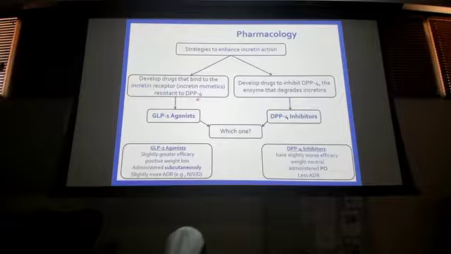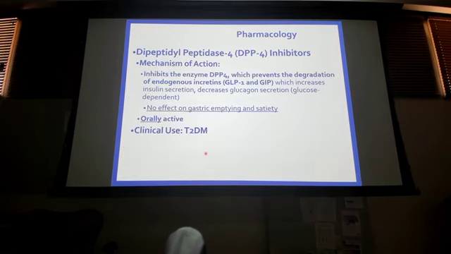So if it's a patient that doesn't tolerate meds as well, a DPP-4 inhibitor would be better. But the GLPs and your GIPs are going to have a weight loss effect. So this is a summary slide of what we're about to look at in more detail on the slides.